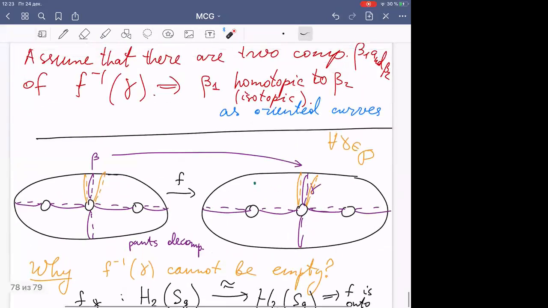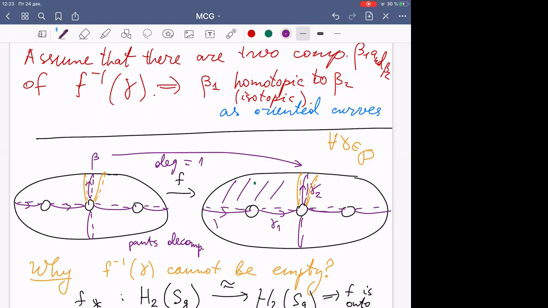So if we orient curves here and we orient curves here so that the degree is always 1, then this pair of pants is adjacent to gamma 2 from the left, and to gamma 1 and gamma 3 again from the left.